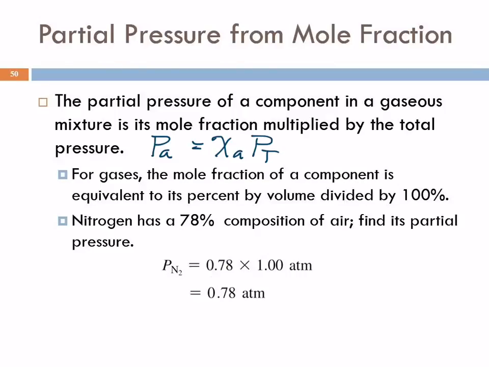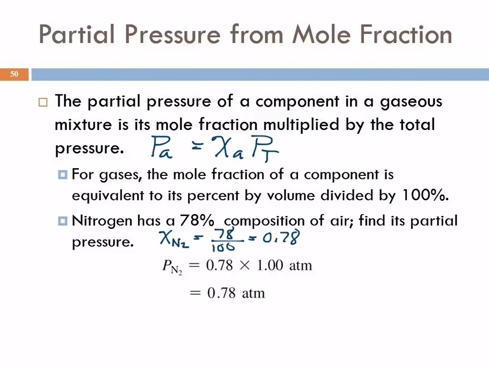For nitrogen here, chi nitrogen is 78% divided by 100, which equals 0.78. The total pressure of air at sea level is 1 atmosphere. So 0.78 times 1 atmosphere tells us that the pressure due to nitrogen is 0.78 atmospheres. Any questions?